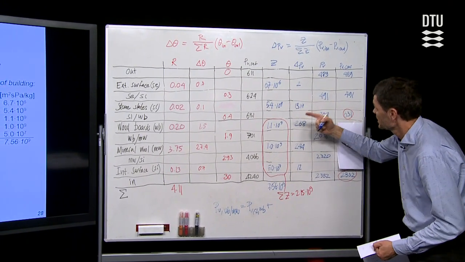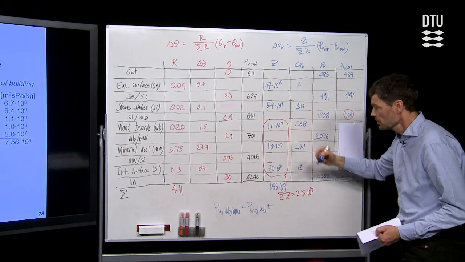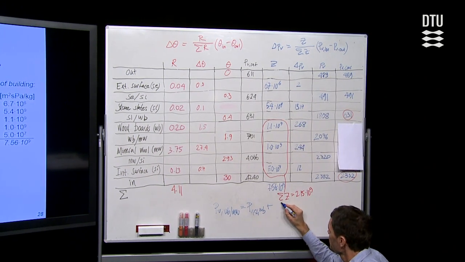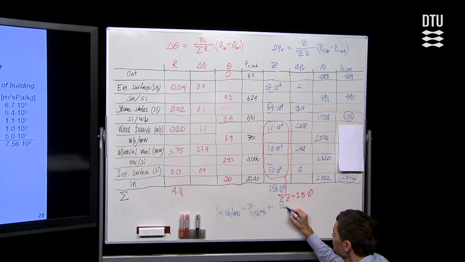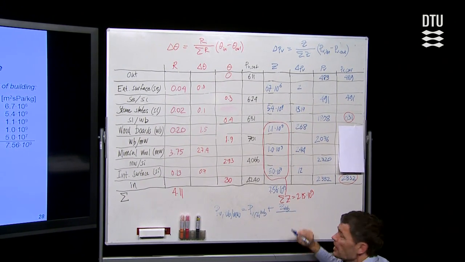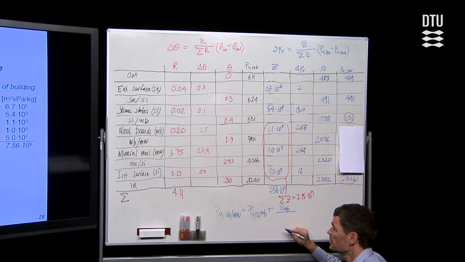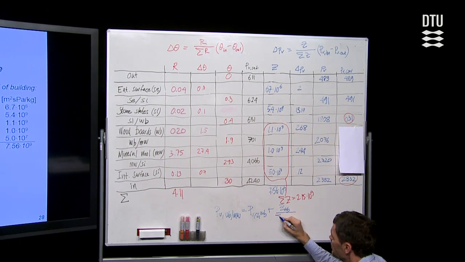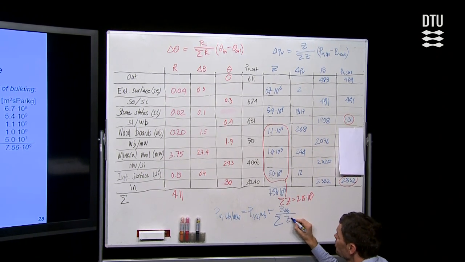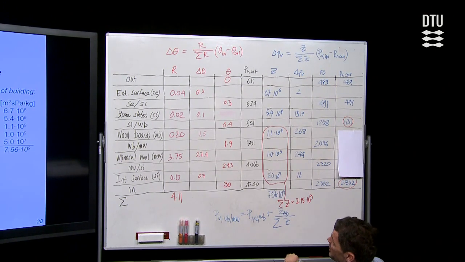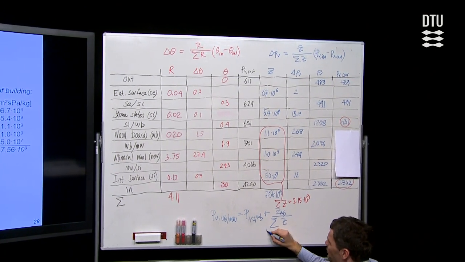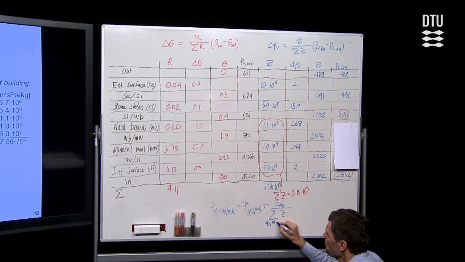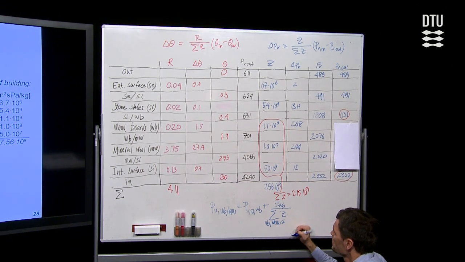I have to look to the set value for the wooden boards. So that becomes the set value of the wooden boards. And then I should divide that by the sum of set values only for those layers that I have ringed in here. So that was wooden boards, it was the mineral wool, and it was the interior surface.